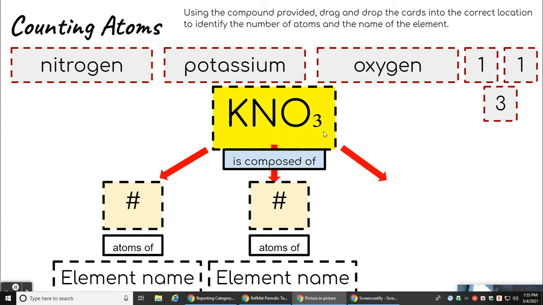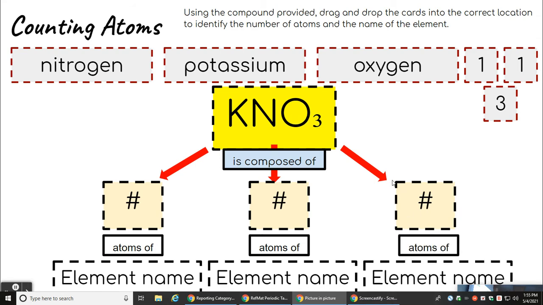Moving on to our next element, we have 3 atoms of oxygen because we have a subscript, which is a small number after the element, indicating we have 3 atoms of that element. So you would drag and drop oxygen here, and then the number 3 there.